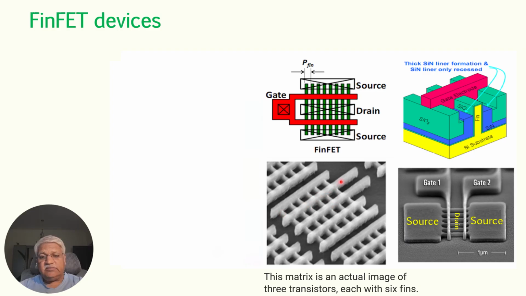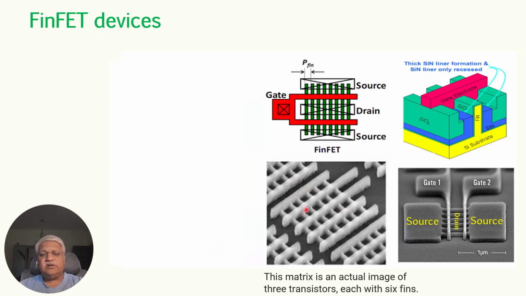This gate will divide this fin into this region, say, source. This one will become the drain. Here again, because of this gate, this becomes the drain. Now it becomes the source. Again this one is the drain, and this is the gate, so again it will divide it, and these new regions are assigned.